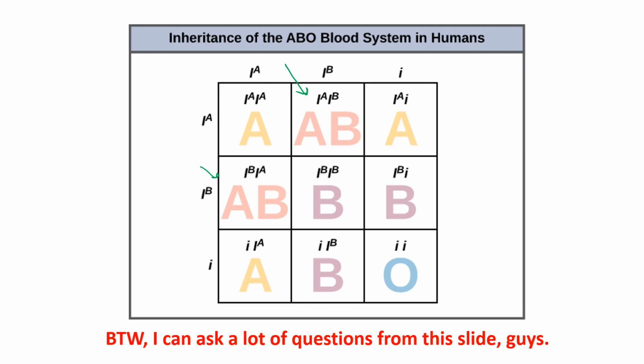The potential genotype could be this one, or this one. Same thing with the A type. If the phenotype is A, they could potentially have these type of markers here and here. So just keep that in mind.